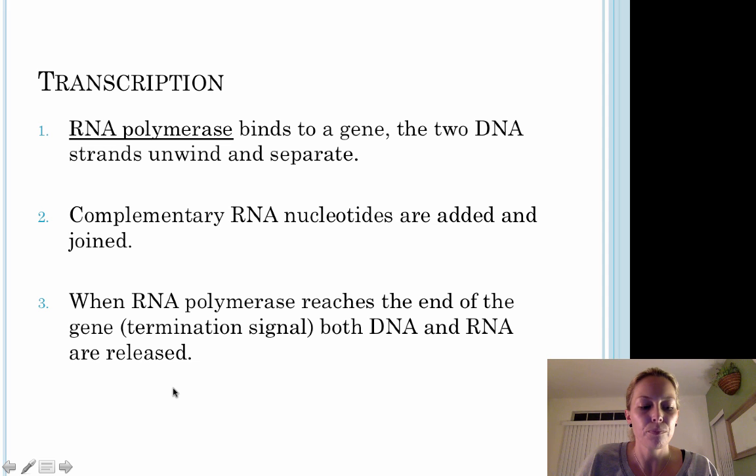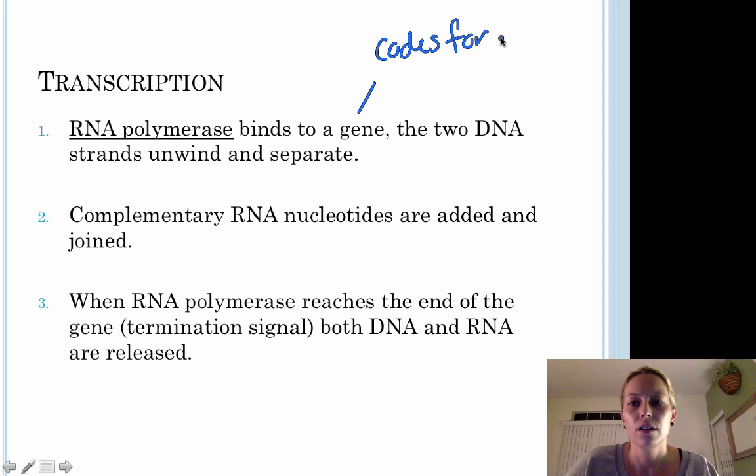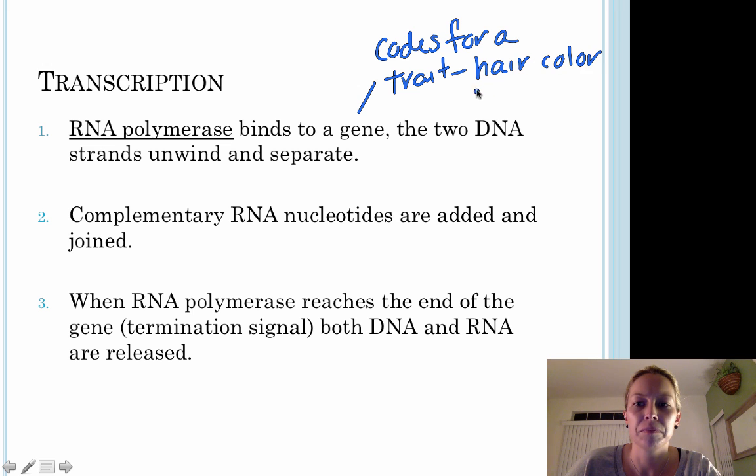Remember that a gene codes for a trait, whether that be hair color, eye color, etc. So a gene codes for a specific trait.